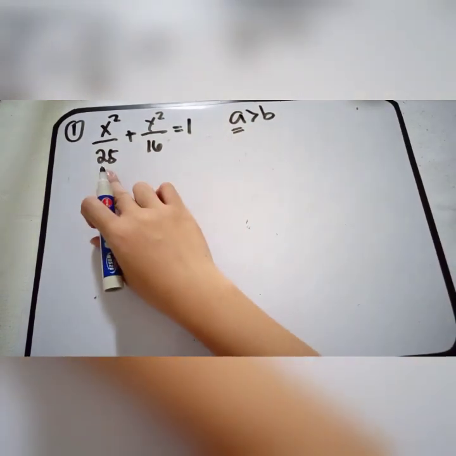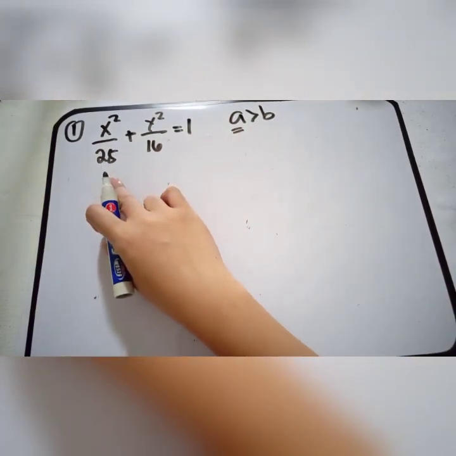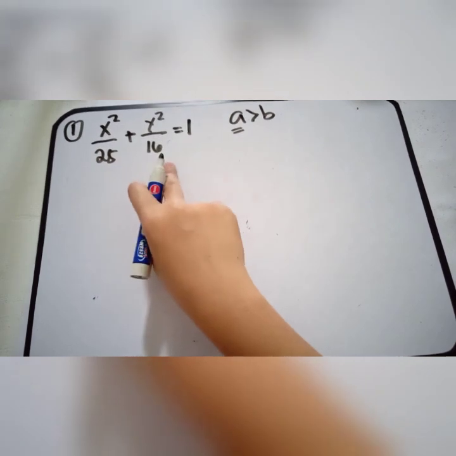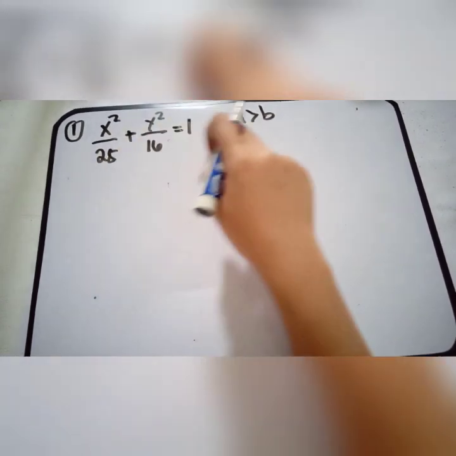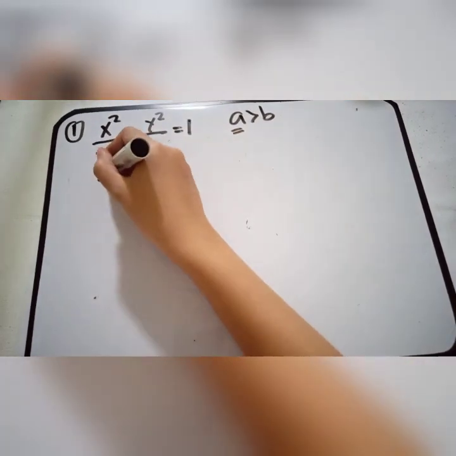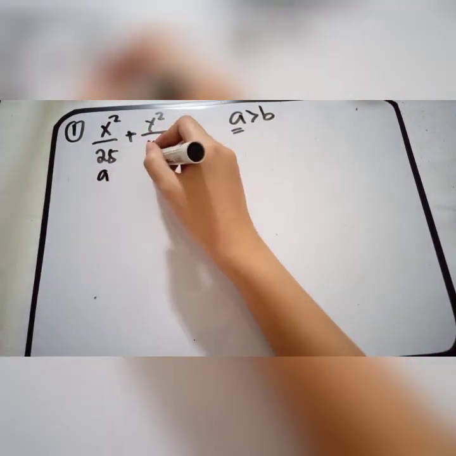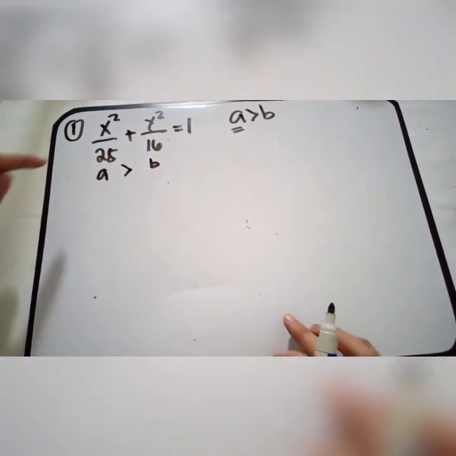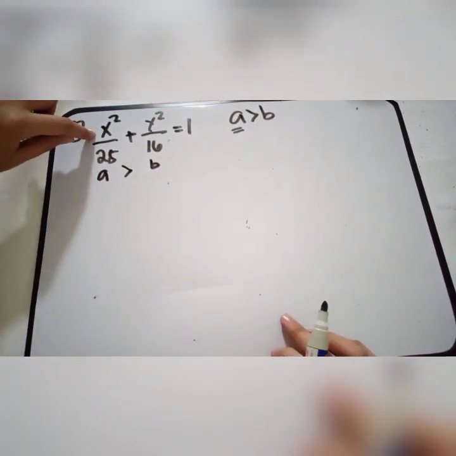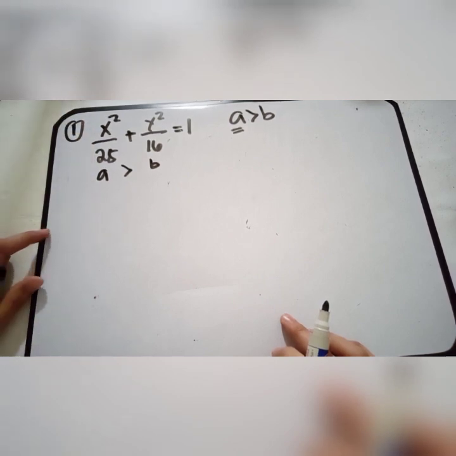Having this equation, which is bigger, 25 or 16? It is 25. So the value of our a is 25, and our b is 16. Since a goes with x, we will use the major horizontal axis.